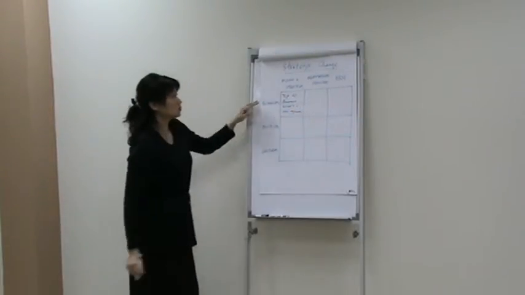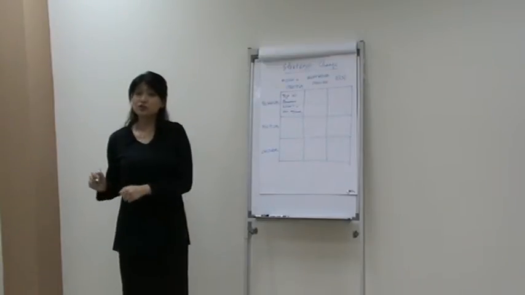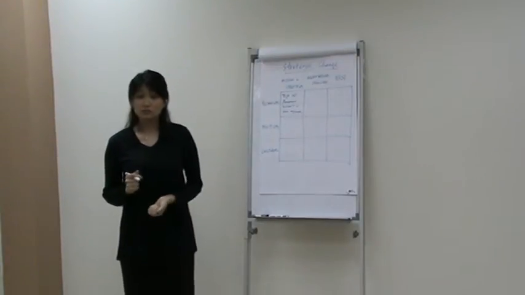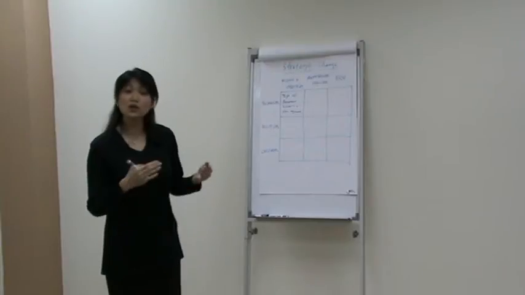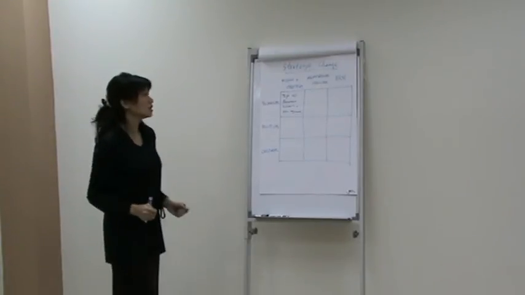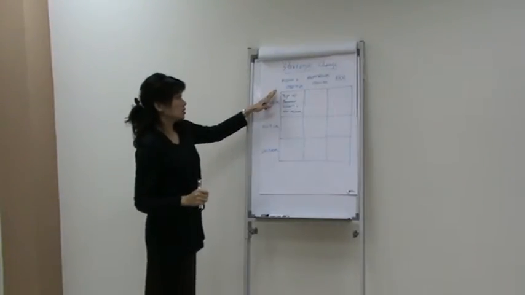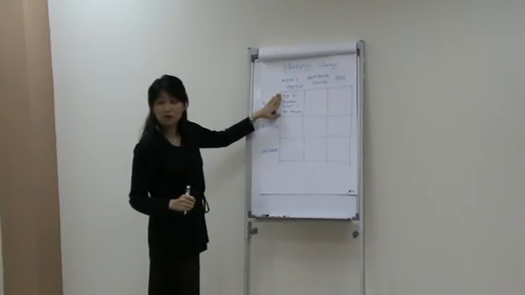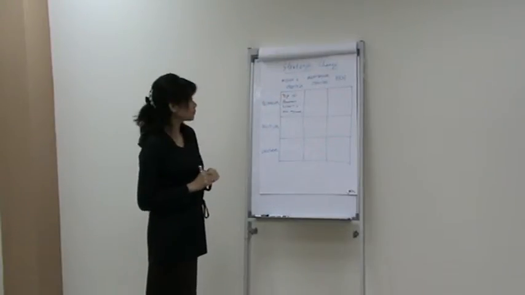Everyone in the organization should be informed of the mission of the organization and what we are aiming to be. This is the measurable outcome of the mission of the organization.